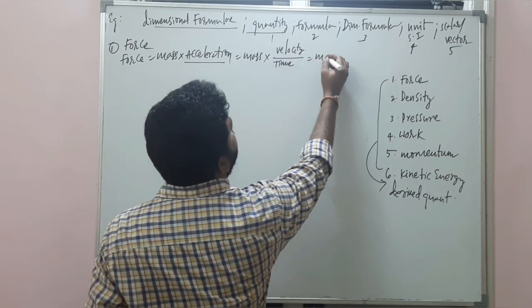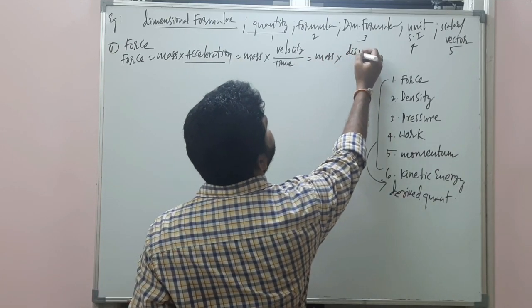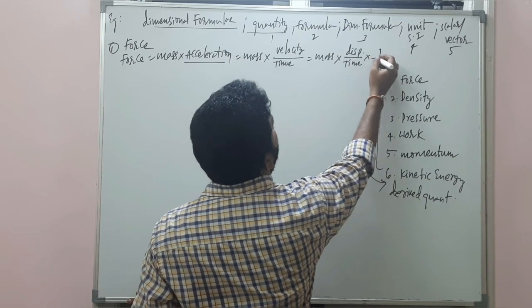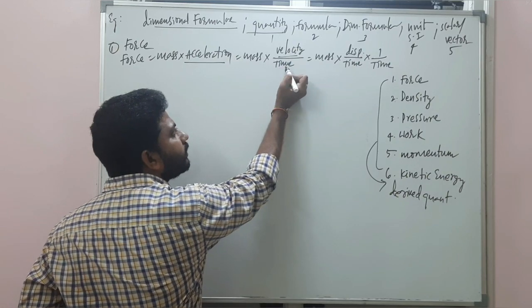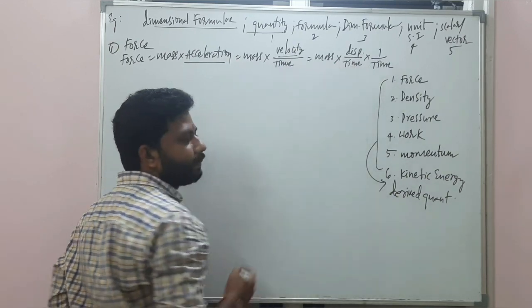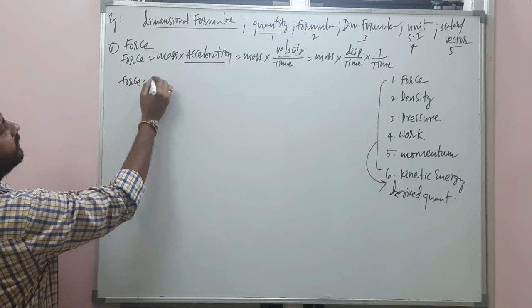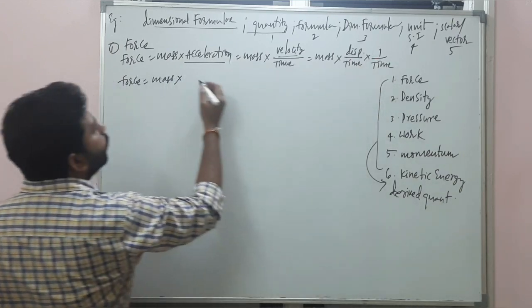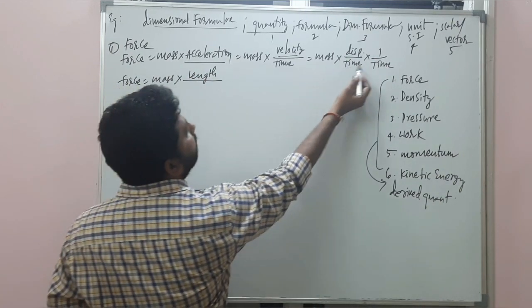Okay. And this I can also write as mass into velocity, which is displacement by time, into 1 by time. See, velocity is displacement by time, and this time is there, 1 by time. So completely I can write force is equal to mass into displacement, that is length, divided by time into time.